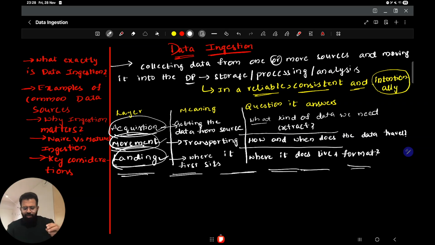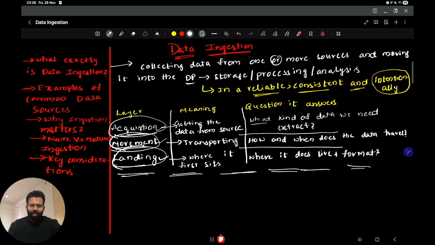Because ingestion is the one connecting to sources and getting the data into your storage, right? So if ingestion itself is a bottleneck, how can you reliably run your data transformation logic, business logic or your serving part? That's why it's really important to get ingestion right.